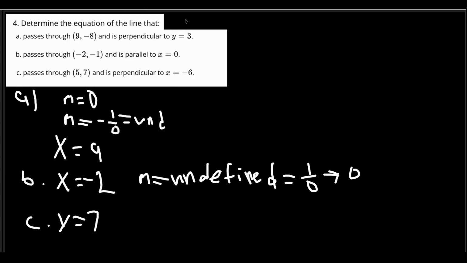We can now move on to question 5. And it says for A, in this lesson, it was stated that horizontal lines will not have an x-intercept unless they are lying directly on top of the x-axis, i.e. y equals 0. So what is the x-intercept of the line represented by the equation y equals 0? So I'll just write down A over here.